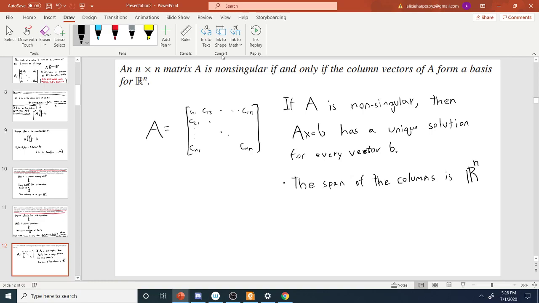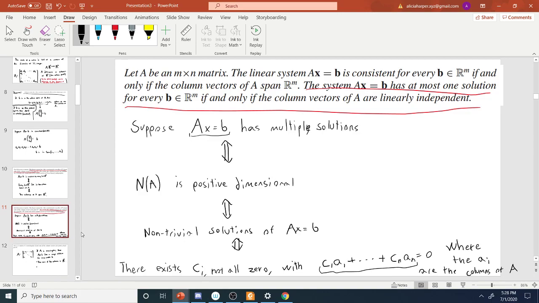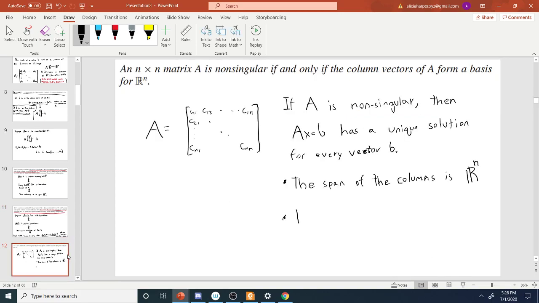and not only that, it also means that by the previous result, because this has at most one solution, the columns are linearly independent.